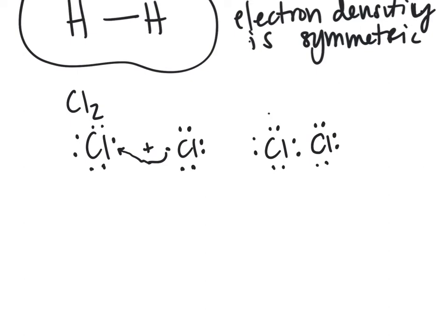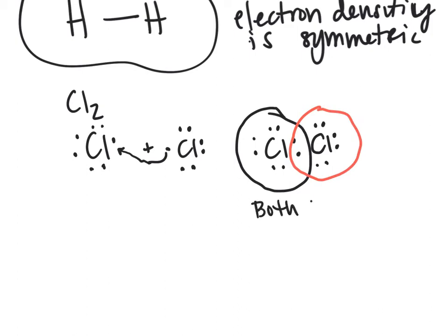So now, when we attribute the electrons to either of these, and I'll draw the other circle in red, we can see both chlorines have 8 electrons around them.